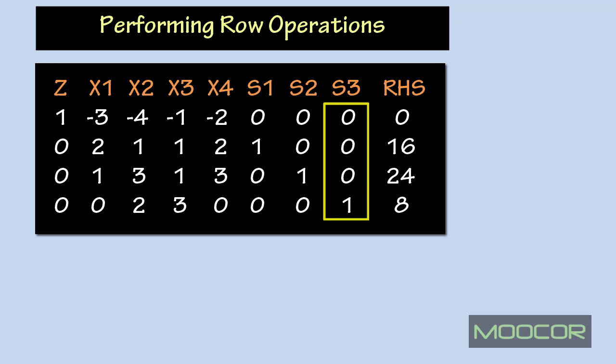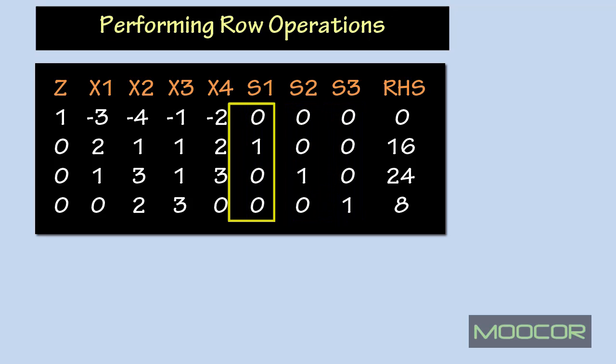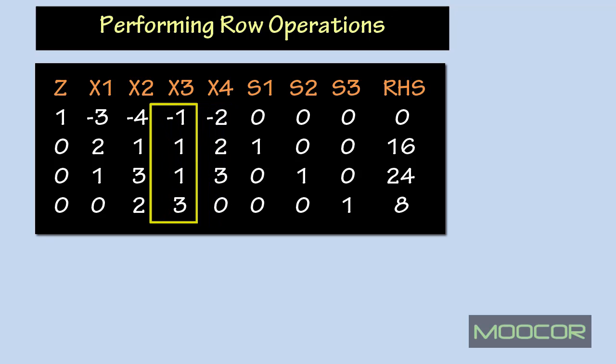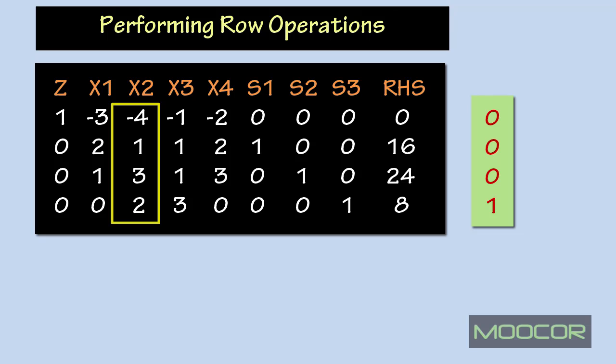Now s3 is the one which is going to be leaving the basic variable set, and x2 is the one that is going to be entering into the basic variable set. I would like to change these coefficients by using row operation to have them as 0, 0, 0, 1, the same structure that s3 has in here.